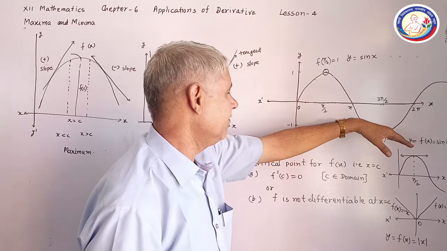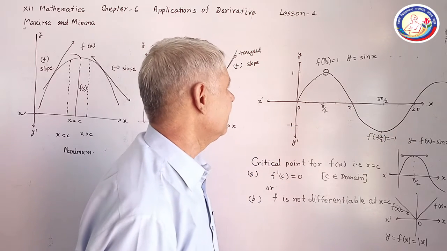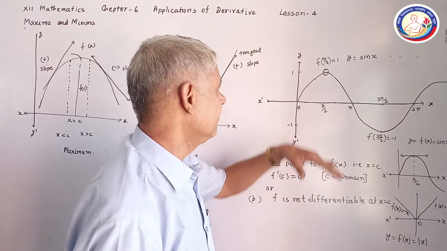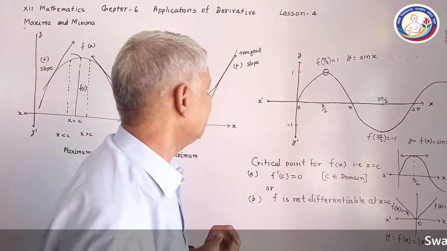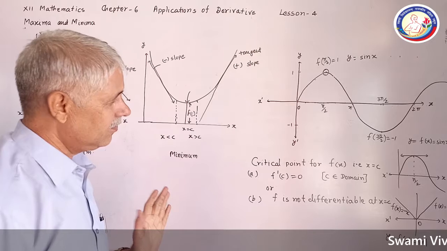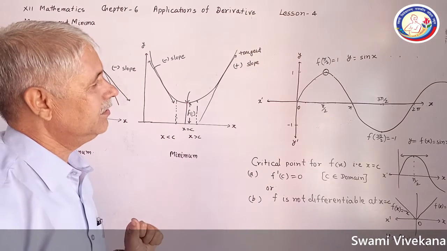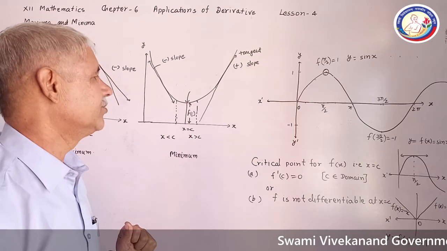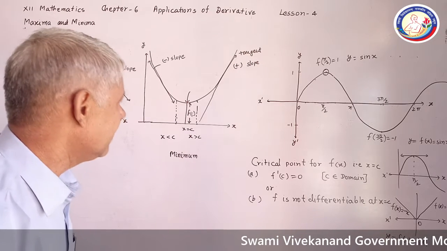In a similar way, we can understand that for any given function, we may have a maximum value in a certain interval or domain, or a minimum value in the given domain. How does it come about? Let us see a graph.